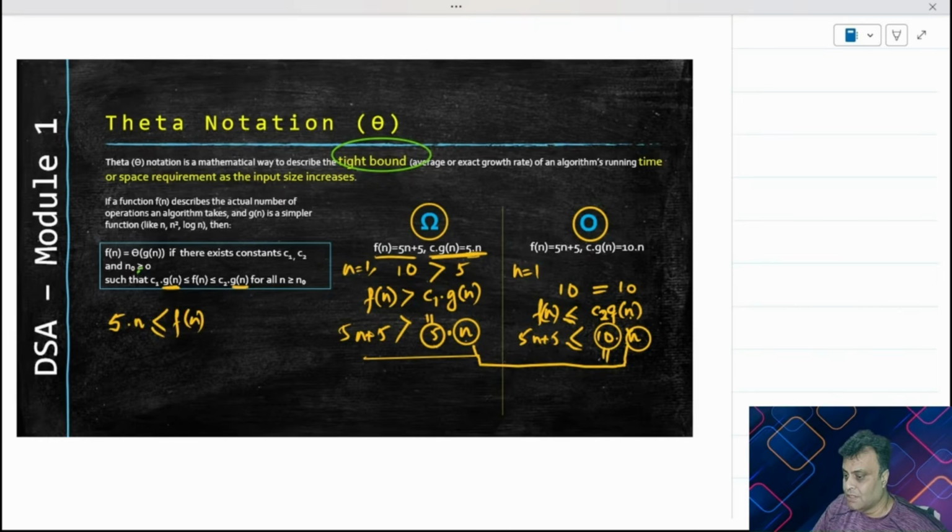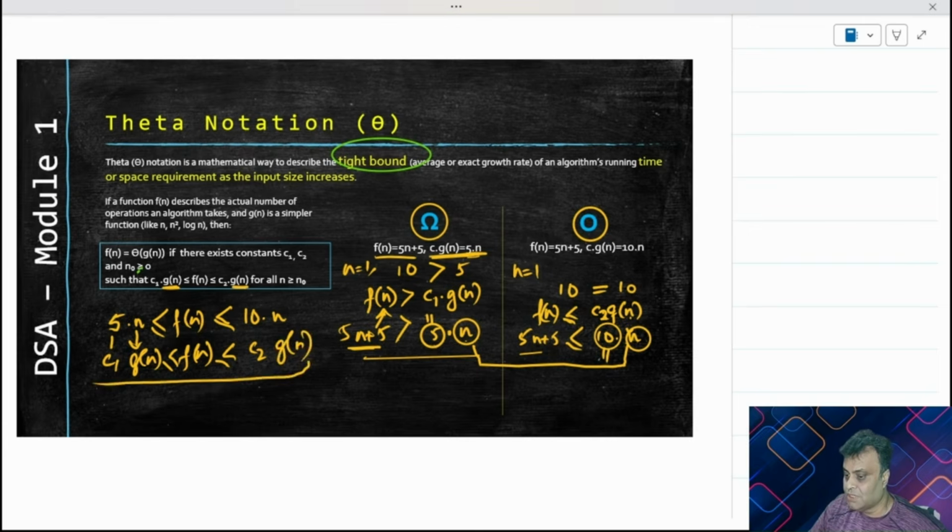Yes, I can say that. This is Fn, right? And that same Fn is less than equal to 10n. So this we know is C1, this we know is Gn. So C1 Gn is less than equal to Fn, less than equal to C2 Gn.